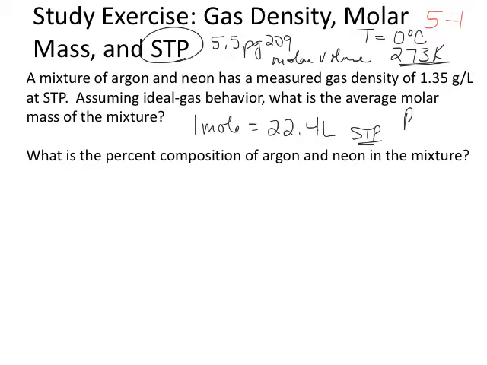And pressure is 1 atmosphere, which is typically the atmospheric pressure we're at, 1.00 atmosphere. So when you see STP, just go ahead and define that and know that you have this conversion factor. That conversion factor only works at STP. Sometimes you won't need it, and sometimes you will.